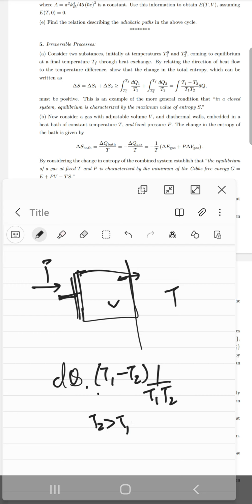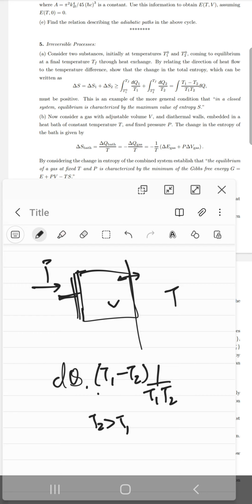While this is happening, this just keeps on happening until you get some constant temperature, and then it doesn't happen anymore. As soon as they're at equal temperatures, this does not happen anymore. And so this must be positive. I don't know what is to show over here. It just is, because T1 is bigger than T2.